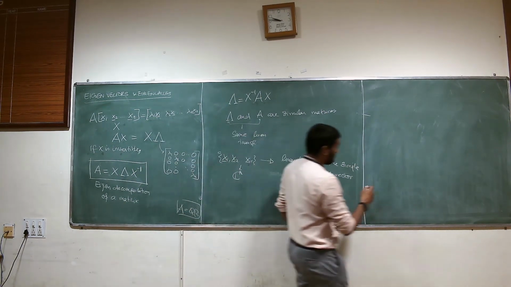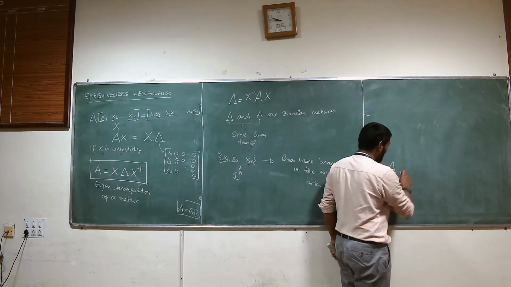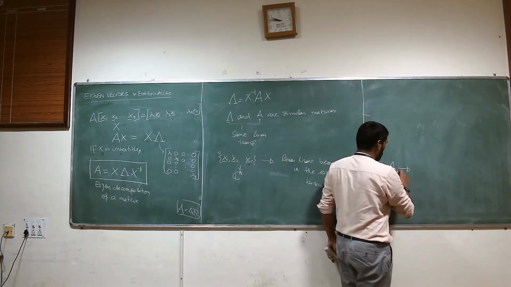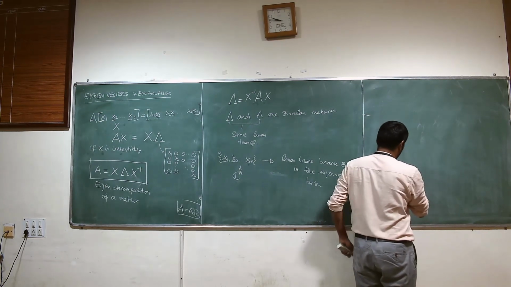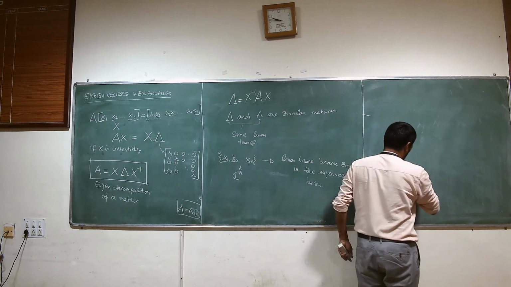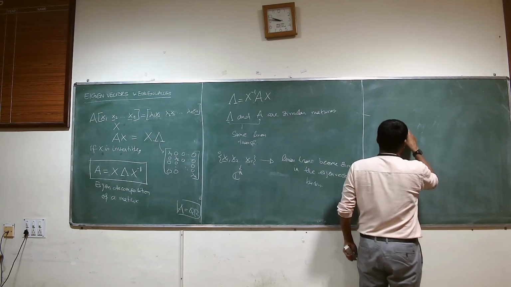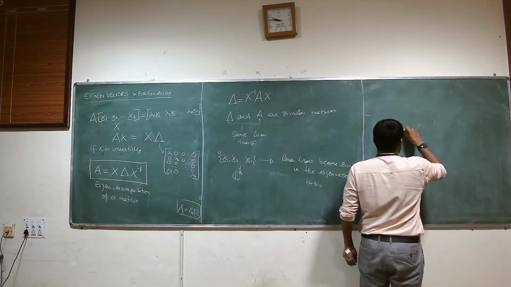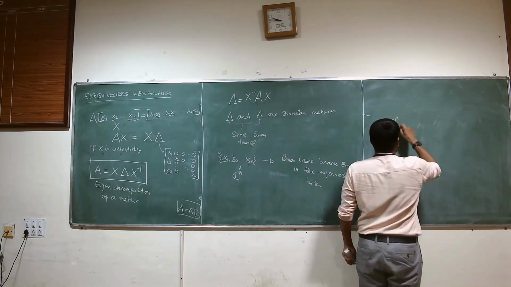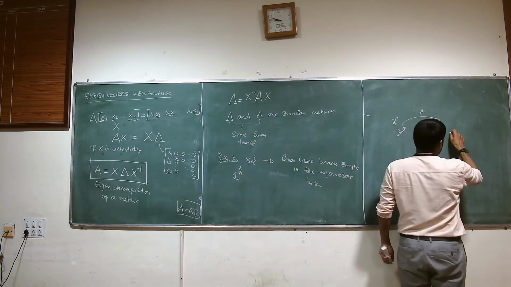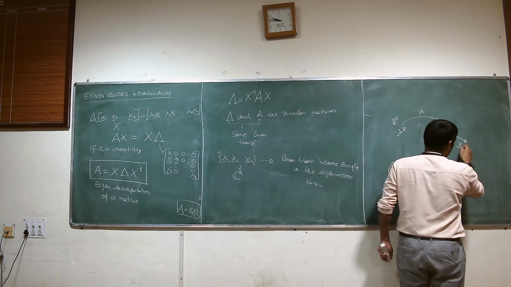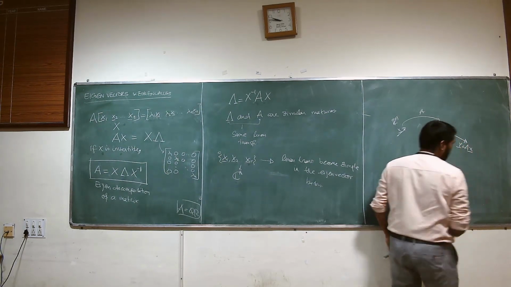So we said that if you have a matrix A which maps from Rn to Rn, and I take a vector x from Rn and apply the linear transformation A, I get another vector y, which is Ax.